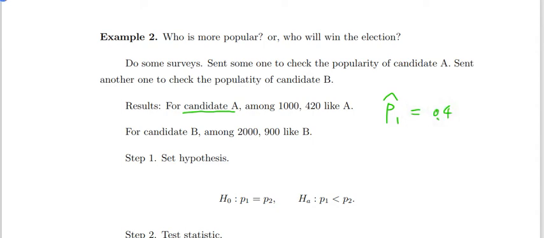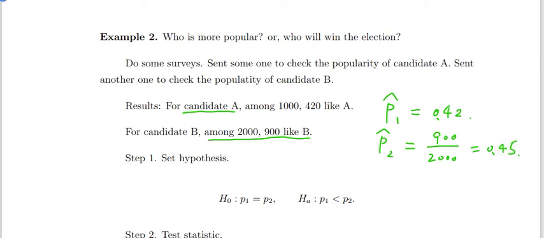We can say among 1,000 people, 420 people like him. Then this is 42%. And for B, P2 hat, his percentage is 900 over 2,000, so just equal 45%.